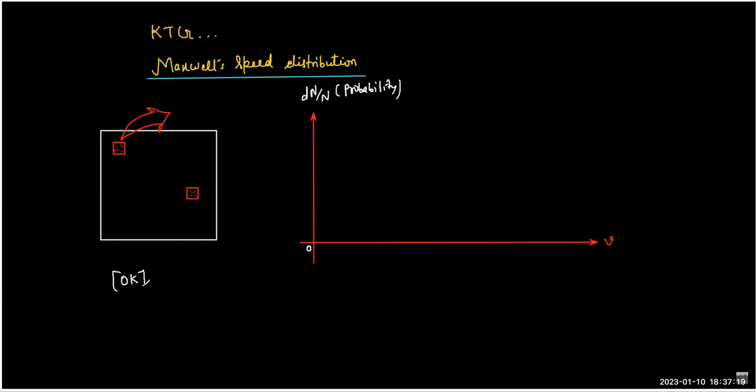So what is the probability that some of the fraction of molecule will have zero velocity? What do you think? Such probability should be very high or very low? Very low, sir. In fact, it will be zero, because no molecule can be at rest. Okay. So the graph will begin from origin.